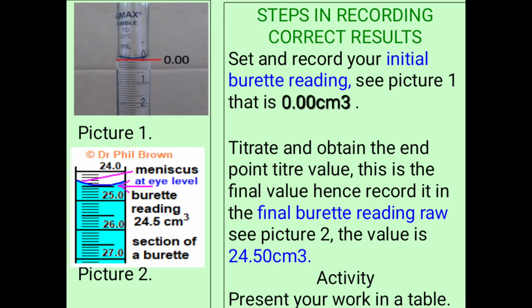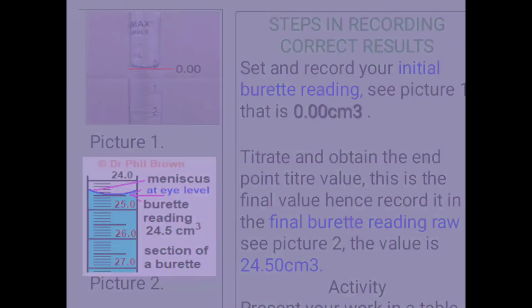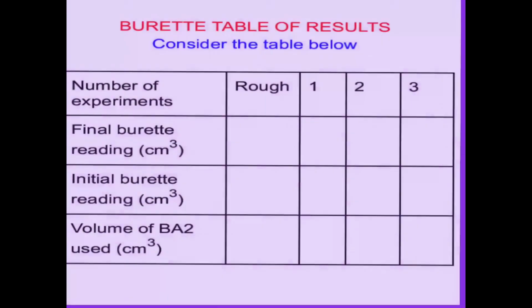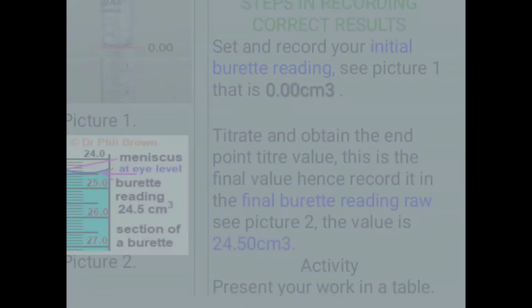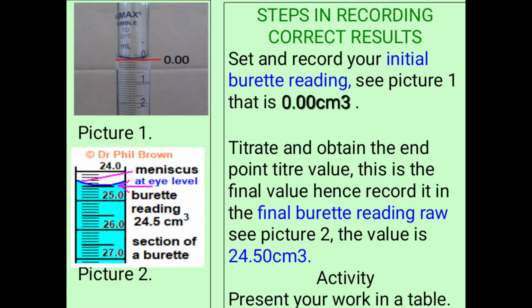Where there is the initial volume, you record 0.00. So 0.00 is our initial volume. Don't write 0.0. You must write that value with 2 decimal places, as we have seen before.